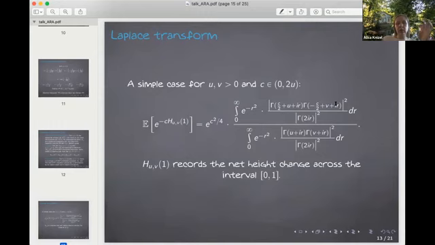So indeed, this description that we get seems to be much more complicated than just getting something Brownian in the limit. This expression does simplify in the special case when U plus V is equal to 0, and it's indeed going to give the Brownian answer, but in general, it's much more complicated.